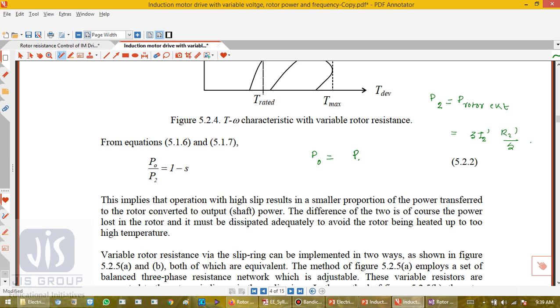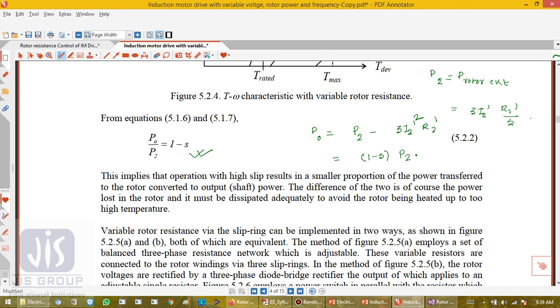This equals P2 minus 3 I2' squared R2'. We have learned this from the power flow diagram of the induction motor. So if we simplify this, it will become (1 minus S) into P2. So that means we get P0 by P2 equals 1 minus S.